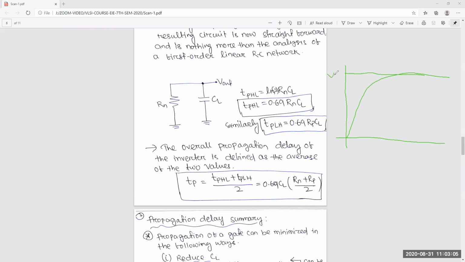This is the time axis, or tau. Tau is equal to nothing but RC. So for one time constant, this is around 63%. This is tau is equal to 1.